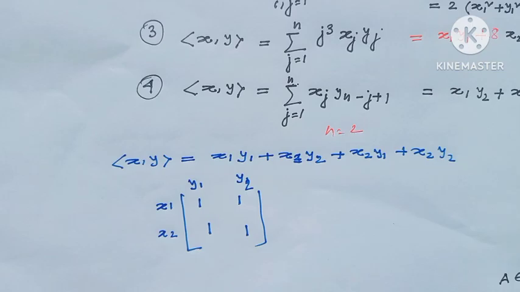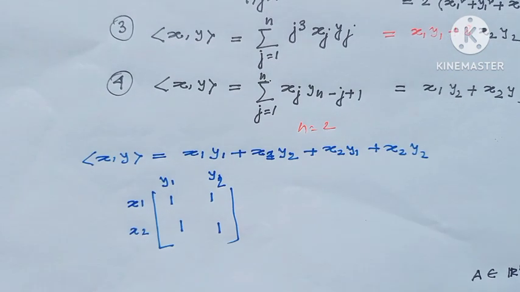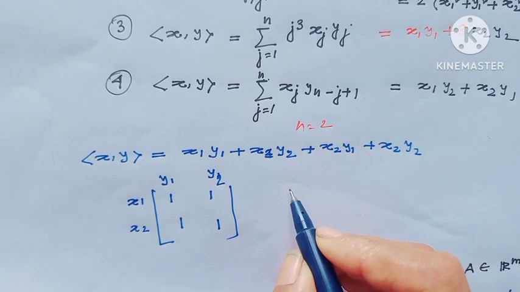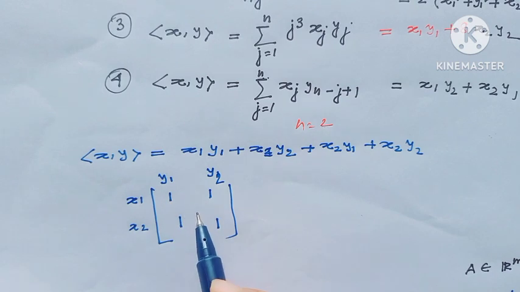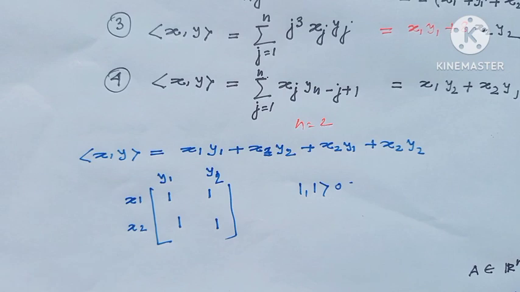So here we have to check the positive definiteness. For positive definiteness, notice this matrix is obviously symmetric. Here all entries are positive. So the first condition of positive definiteness, A and D greater than 0, 1 and 1 greater than 0, is true.